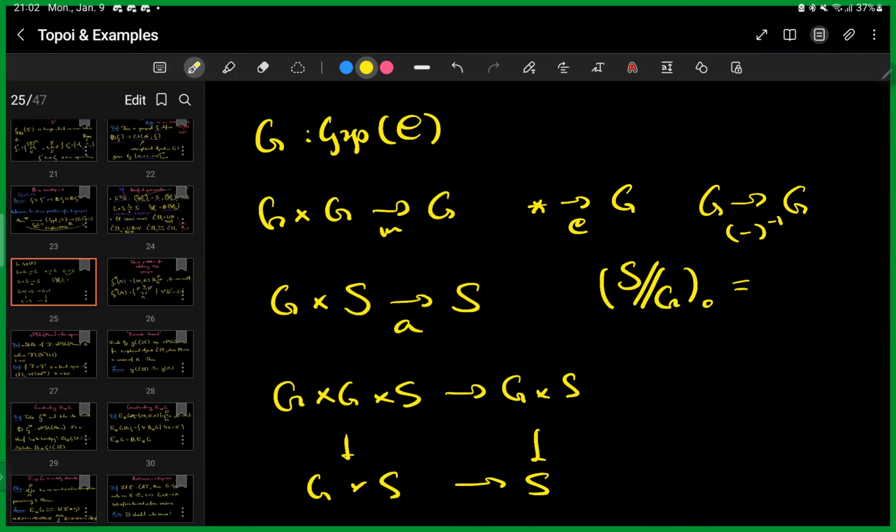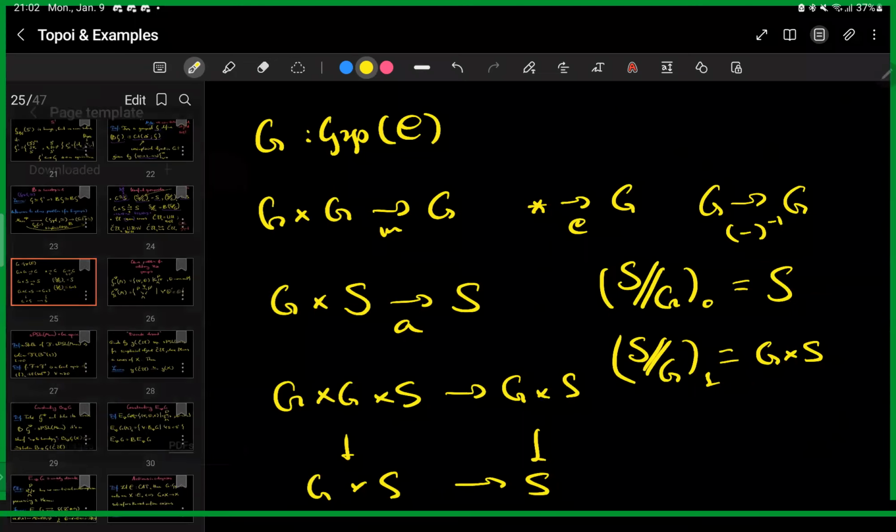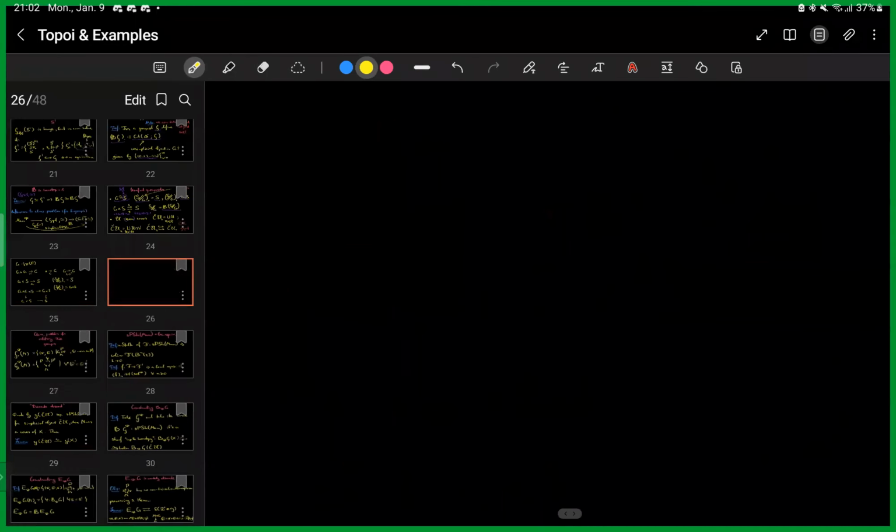That would be a groupoid object inside of a category C. So in degree 0, we have S, and in degree 1, we have G times S. And if we unwind the definition, then this is how the classifying space of our groupoid works.